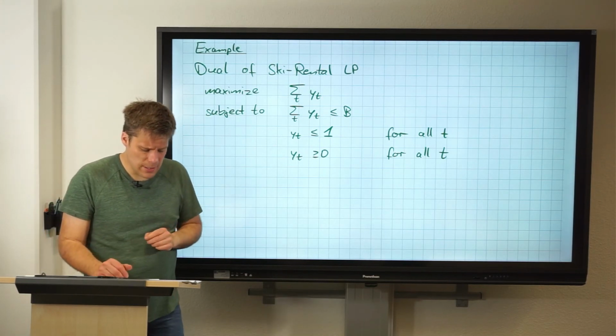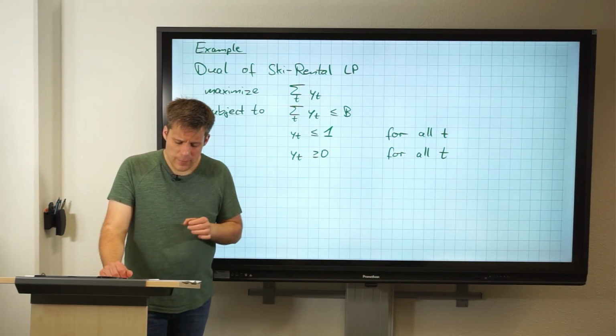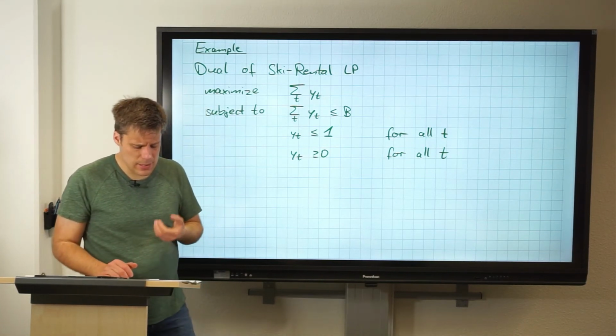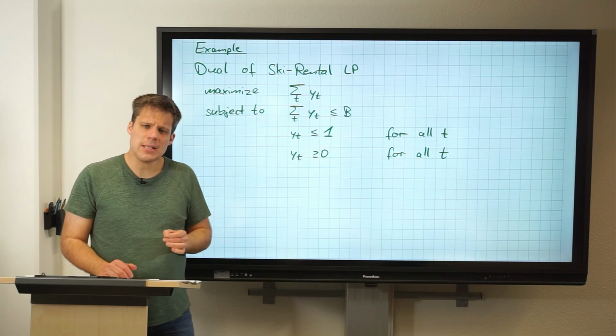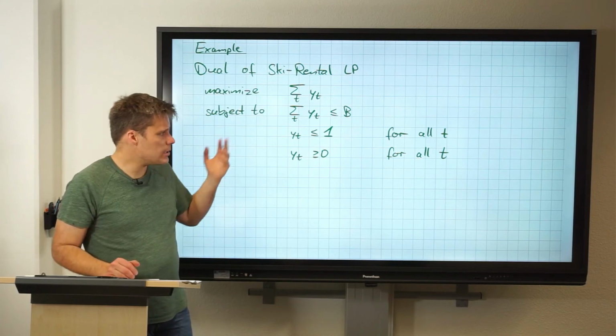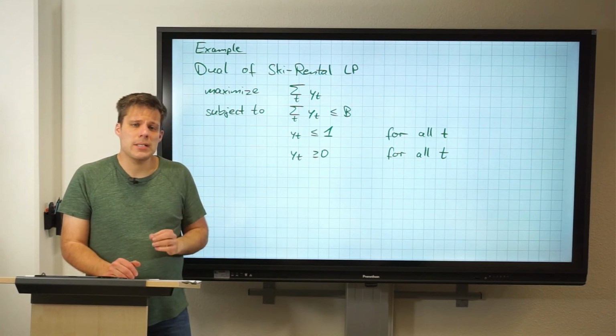And this is the first thing that we'll do now. Namely, we'll come back to the ski rental algorithm and once again analyze this, but in the context of LP duality.